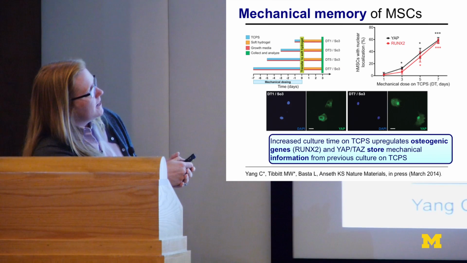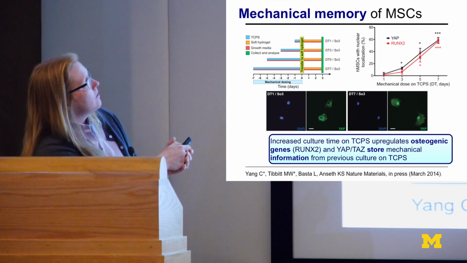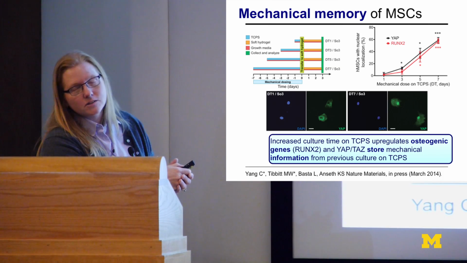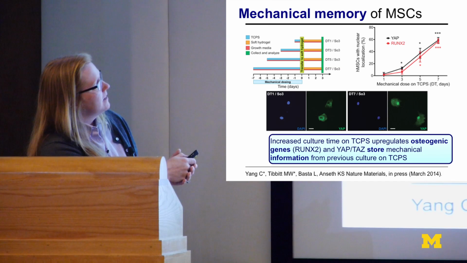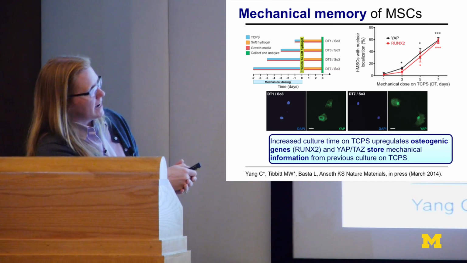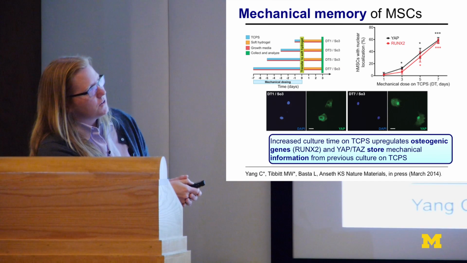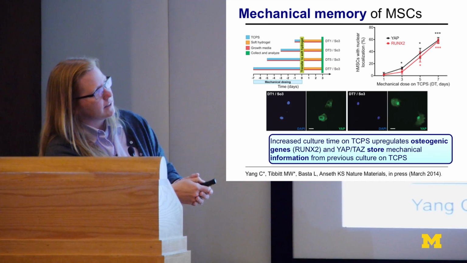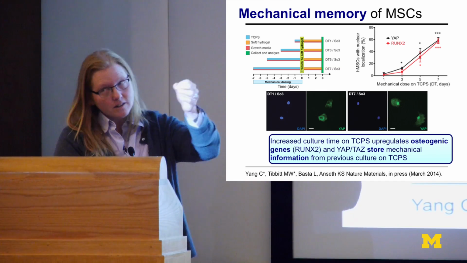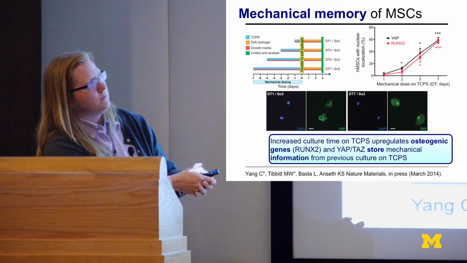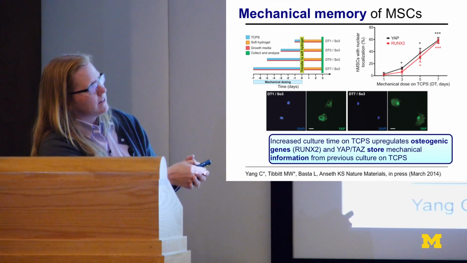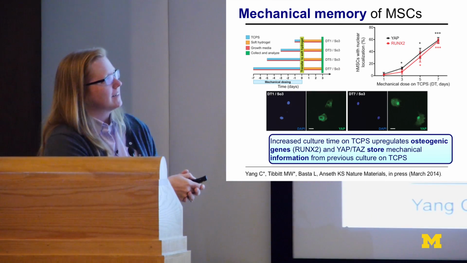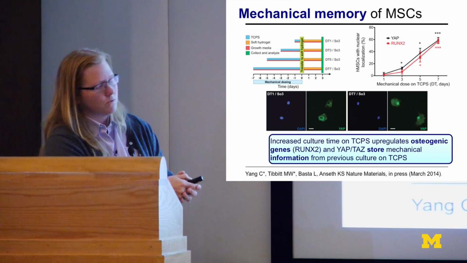Well, what's interesting here is that depending upon how long they touch super physiological stiff tissue culture plasticware, which is about a gigapascal, so whether it's a day or 7 days, what happens is you start to change things in these stem cells, and they start to express transcription factors in their nucleus that are associated with them becoming bone. And then we could also correlate this to another transcription factor that's starting to be implicated as how it senses that mechanics. That part's not so important. Let's just look at this RunX2.